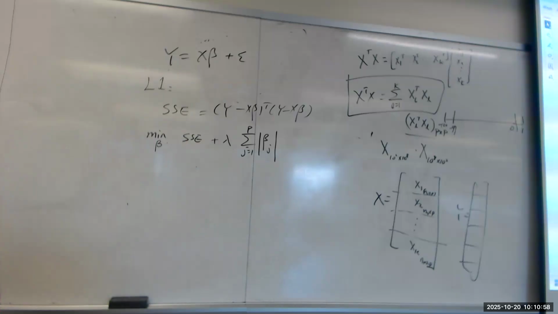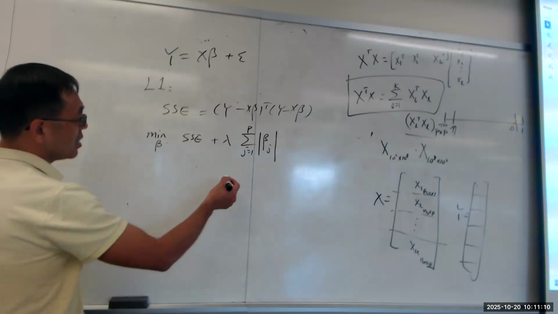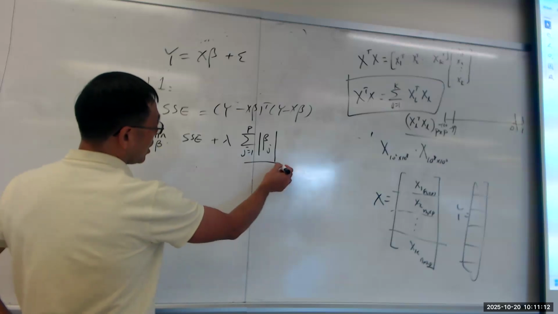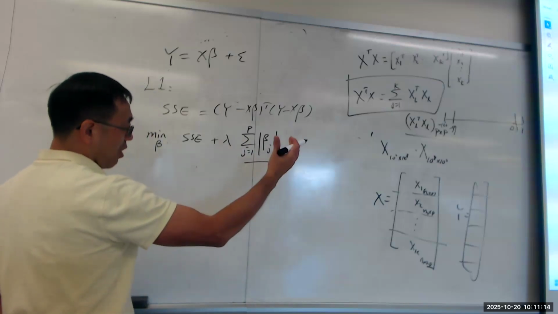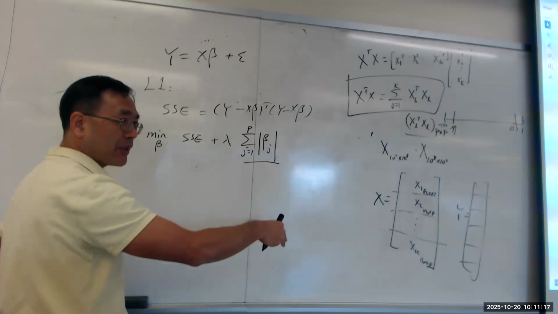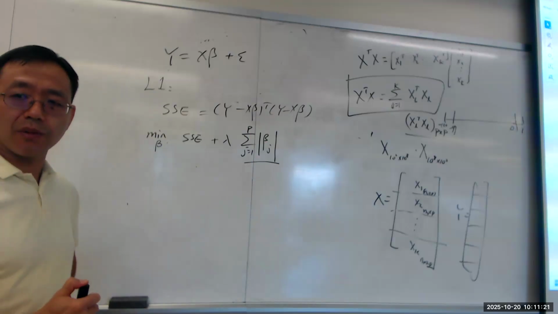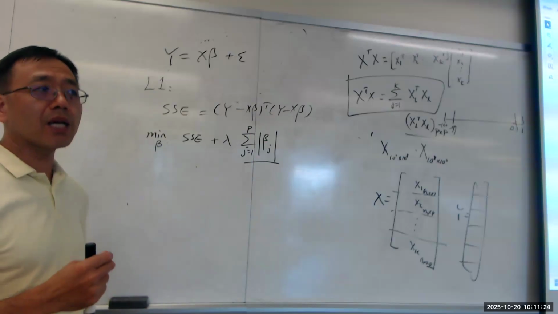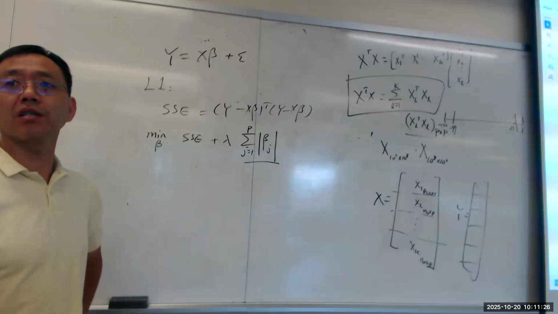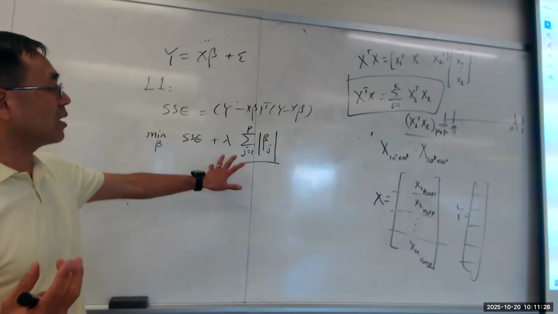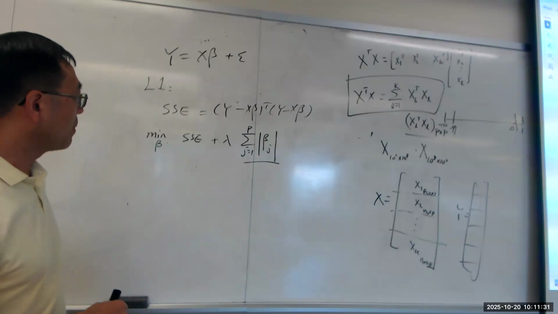The reason you don't want the beta to be too large is because in some cases, if it's too big, this term brings it back down. Sometimes your beta can actually explode, like to infinity. This can prevent those things from happening.